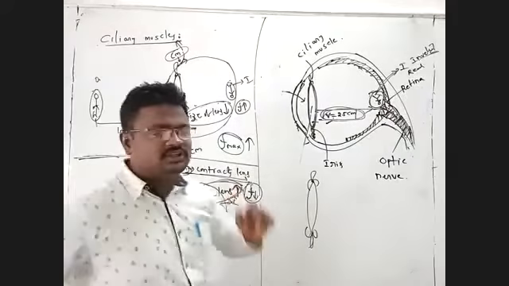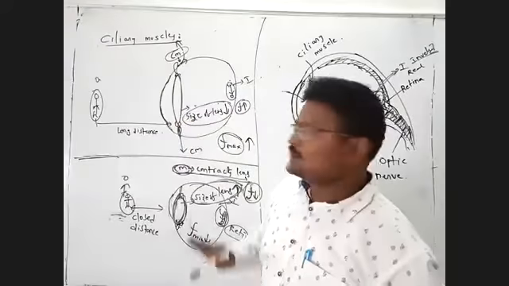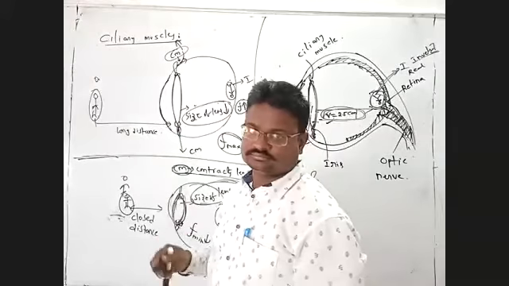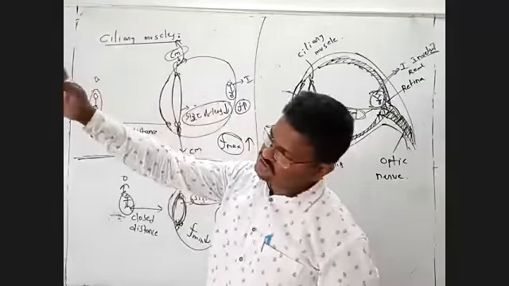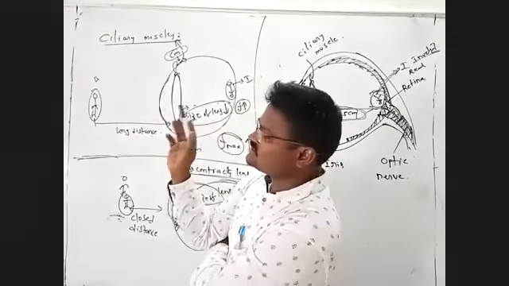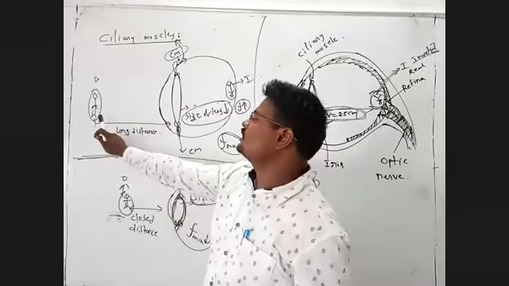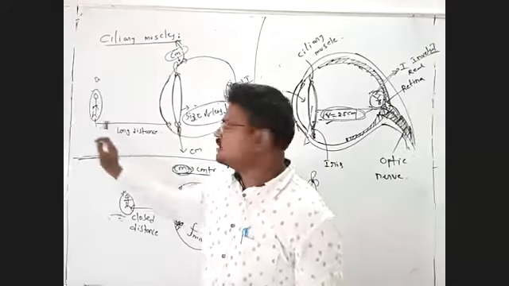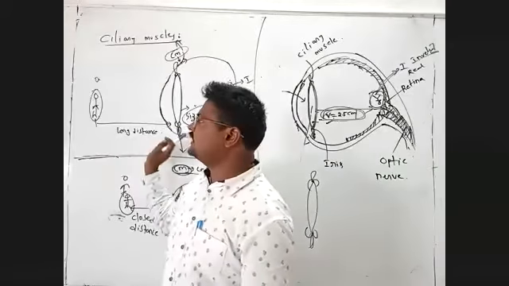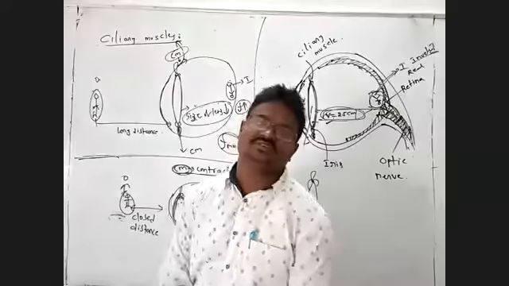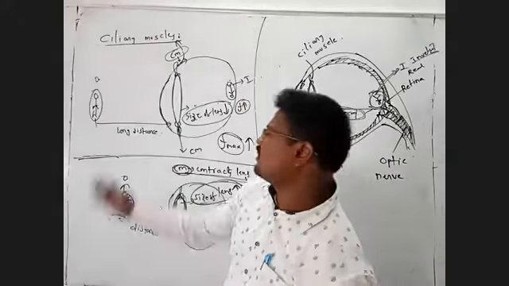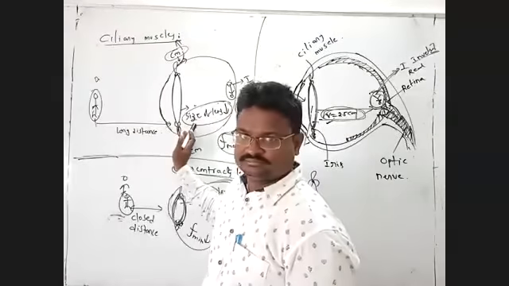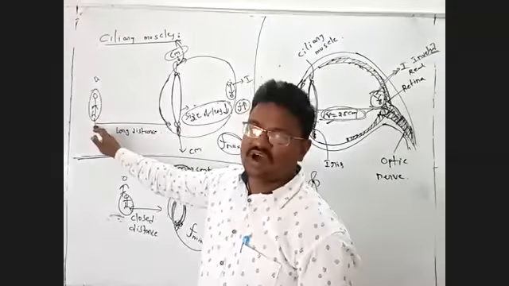Suppose I'm standing here, seeing an object at infinity, a very large distance. This is myself and this is the object, but the distance between myself and the object is very long. The object is placed away from me.